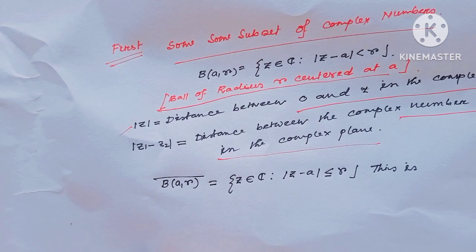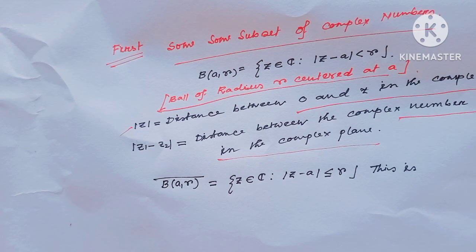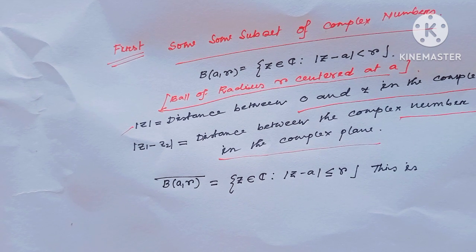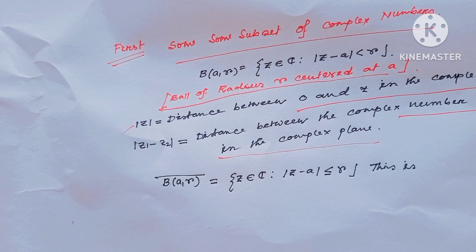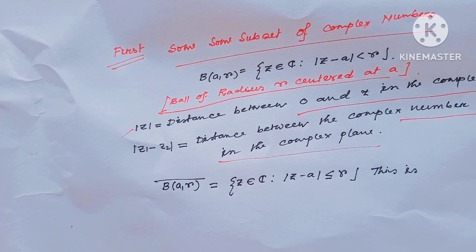And the closure of B(A, R) means the set of those complex numbers such that mod z minus a is less than or equal to r.